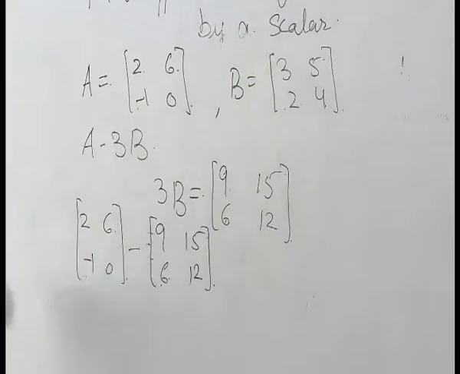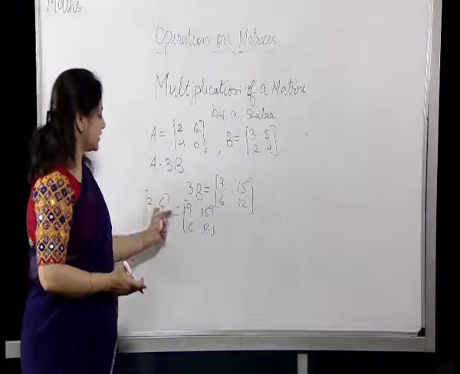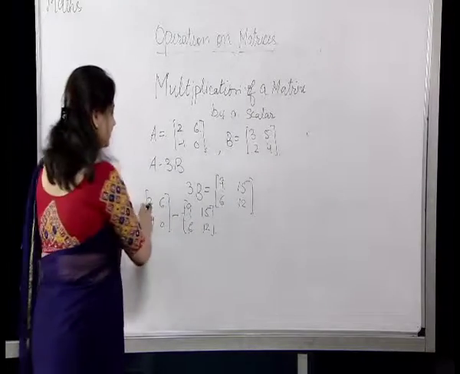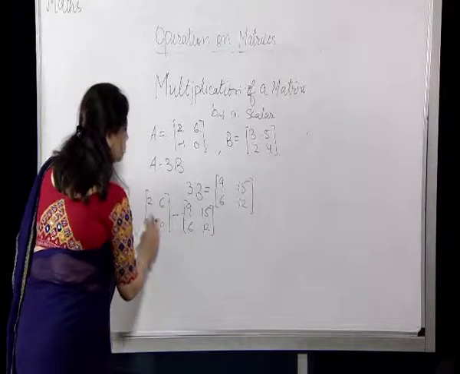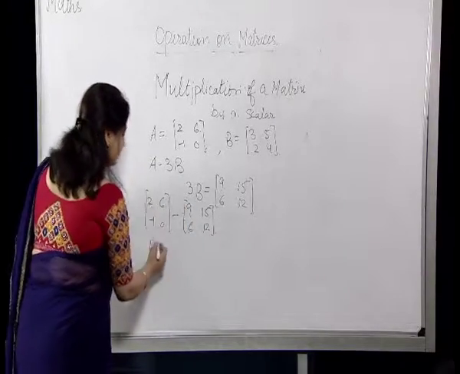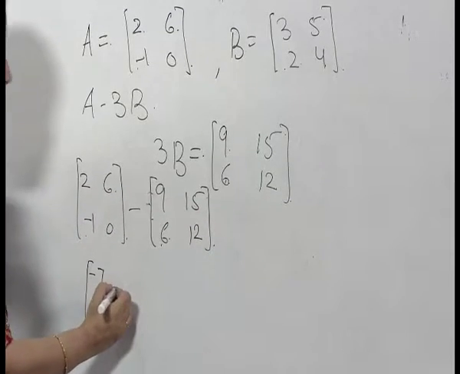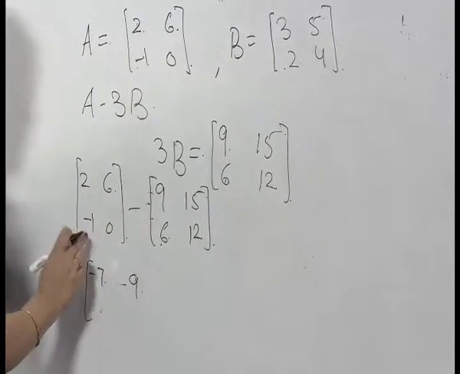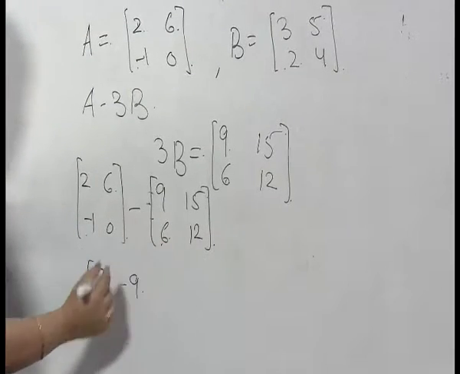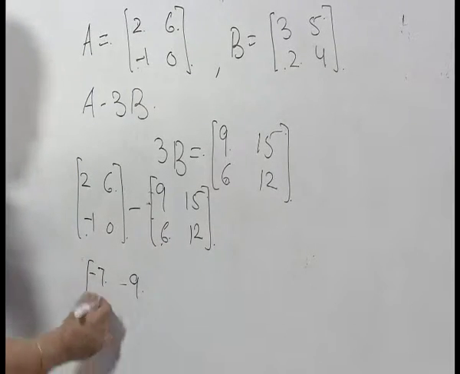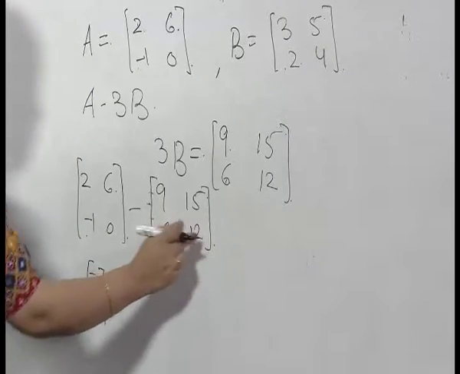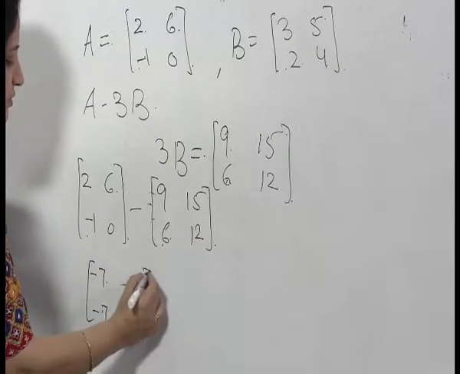Clear? Now you will find the difference of the two matrices, that is 2 minus 9 will be minus 7, 6 minus 15 will be minus 9, minus 1 minus 6 will be minus 7, then 0 minus 12 will be minus 12.